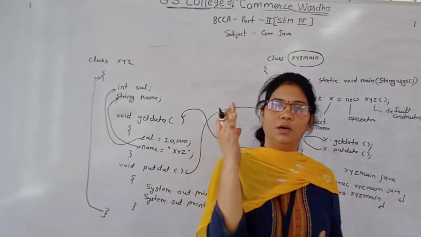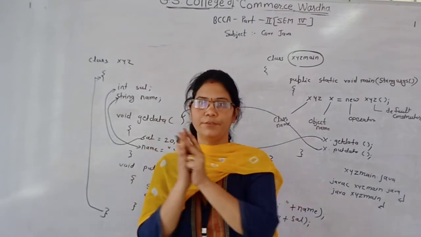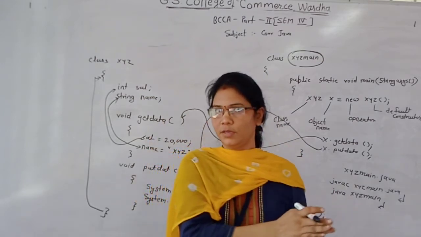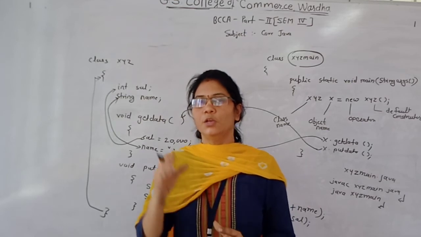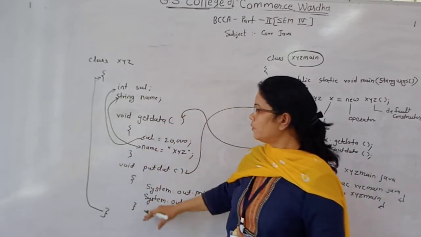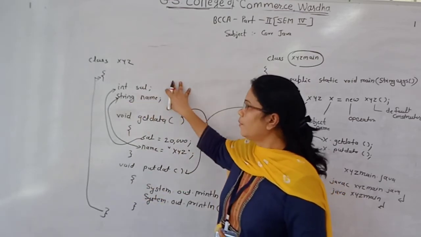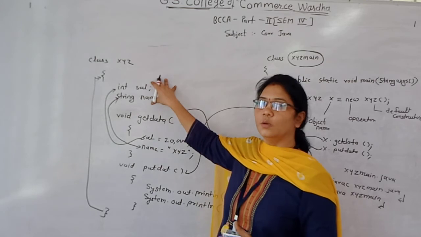The prototype of a function is nothing but that which has the return type, function name, then parameter list and its body. So we can create a number of functions encapsulated in one class name, and a number of data members encapsulated in one class name.